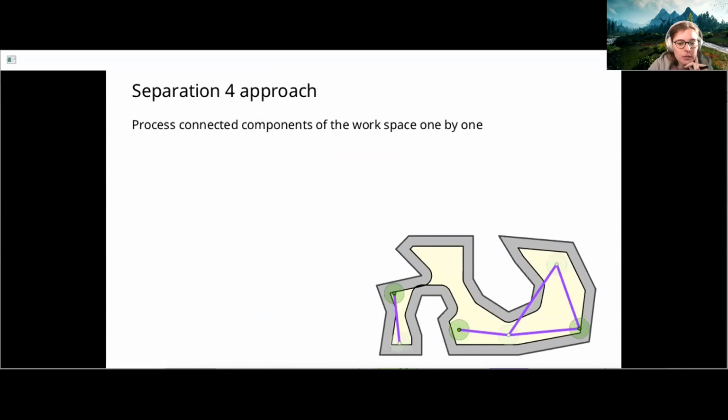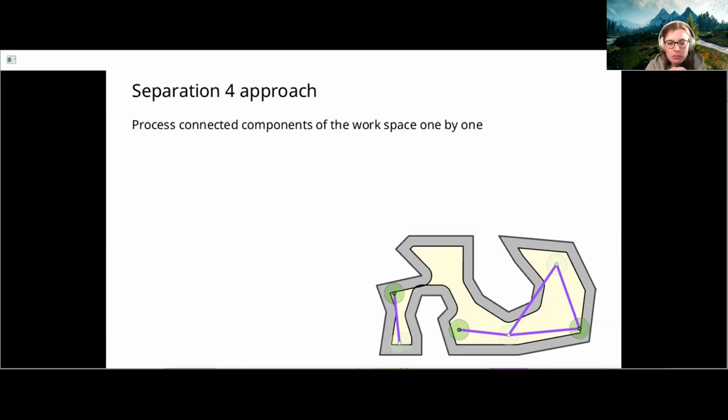There is this trick where even though you have multiple connected components of the free space here, they still can interfere.